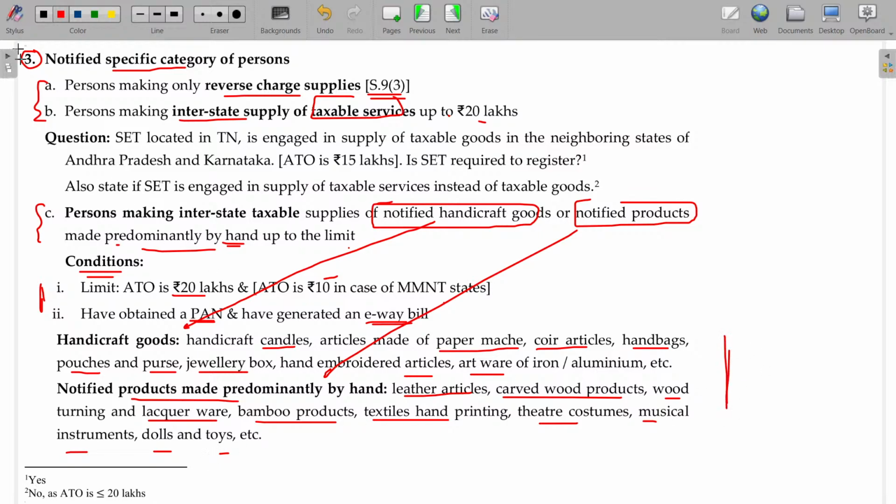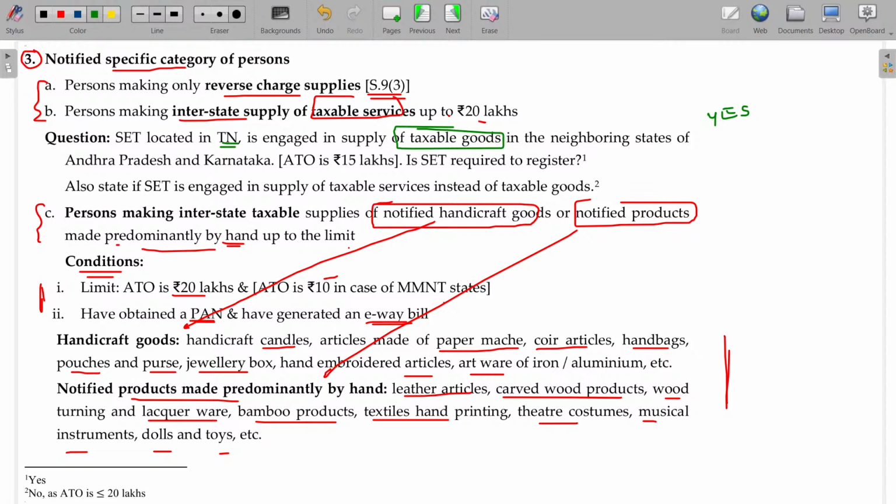Okay, examples of that. Now, let's see. Set located in Tamil Nadu is engaged in supply of taxable goods in the neighboring states. So, one state to the other state. What is the supply? Taxable goods. Now, what happens here? Registration is a must, because the exemption is only for taxable services, not for taxable goods.